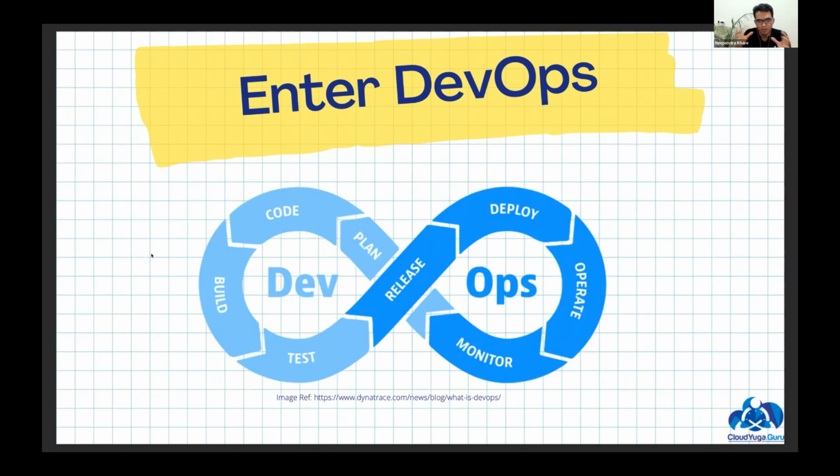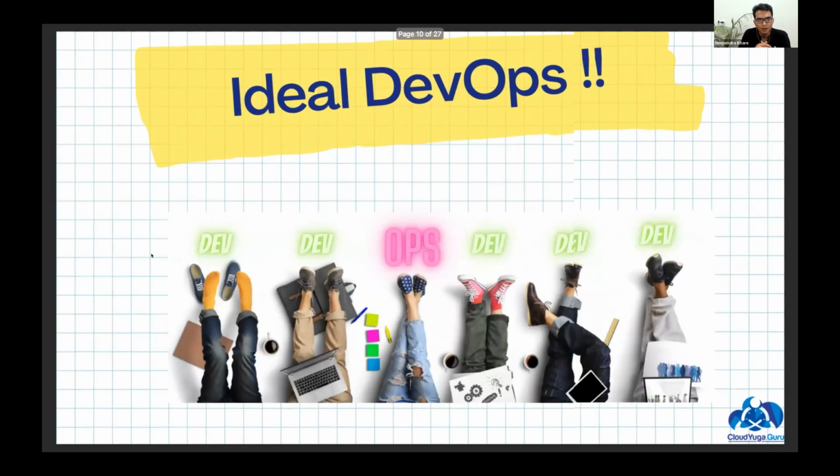So Agile, DevOps, and cloud come together, and now things are much faster. You can release the code within a week, within a month, within a day, or whatever it is, because with DevOps, things have become much better.